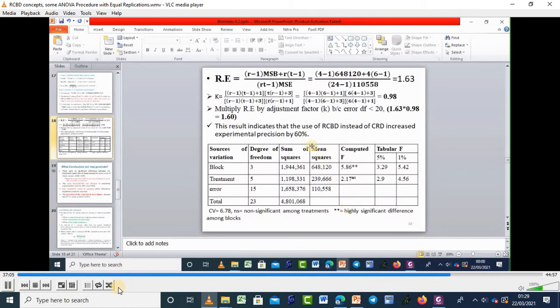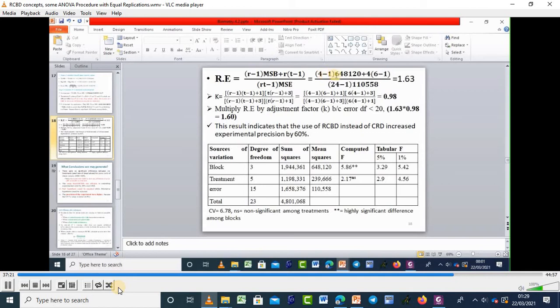And then we have to compute the relative efficiency of the experimental design over CRD. In order to do this, we use this formula and substitute all the values.